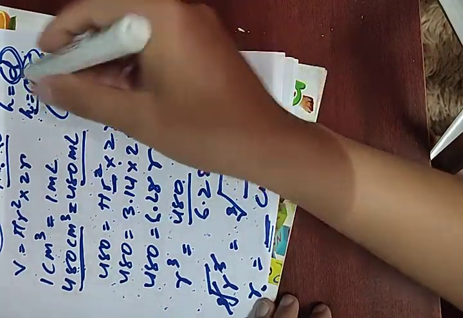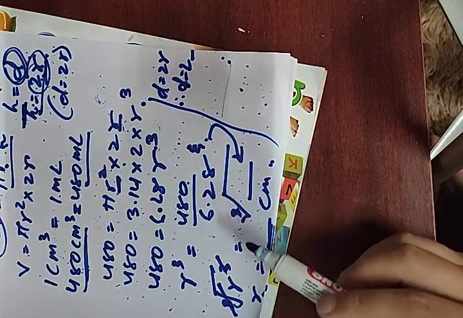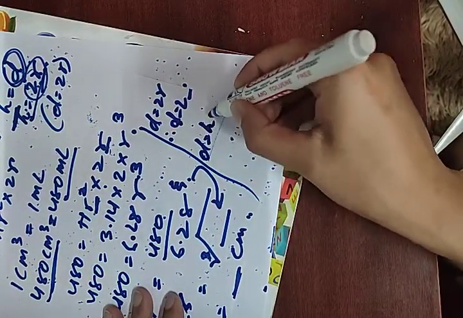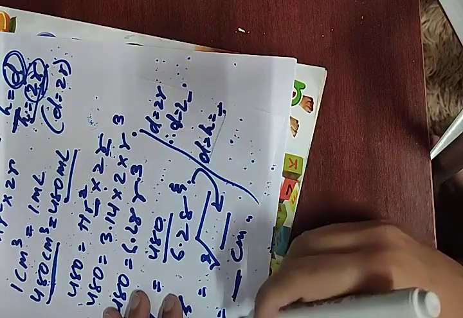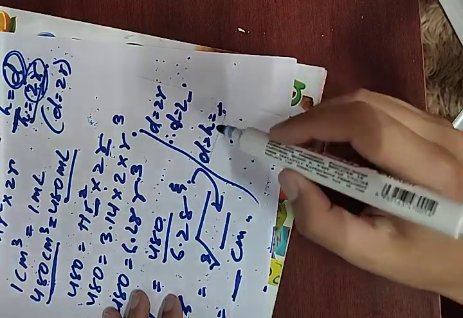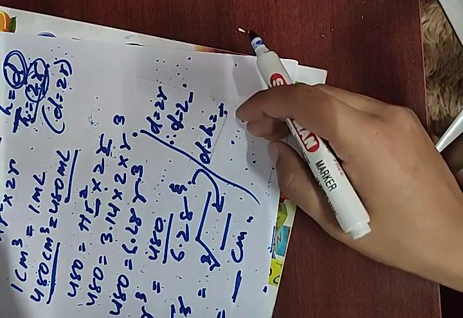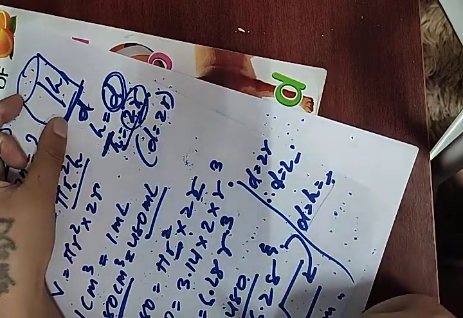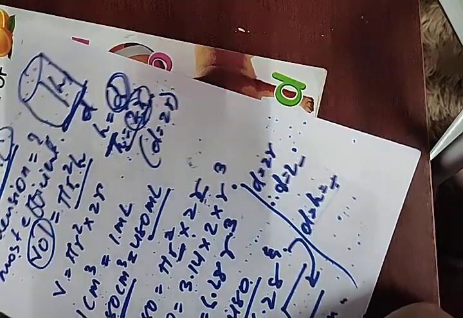Therefore d will be equal to h. Then finally you can conclude that d is equal to h is equal to this much value, and with this dimension the cylinder is most efficient. You can conclude like this.